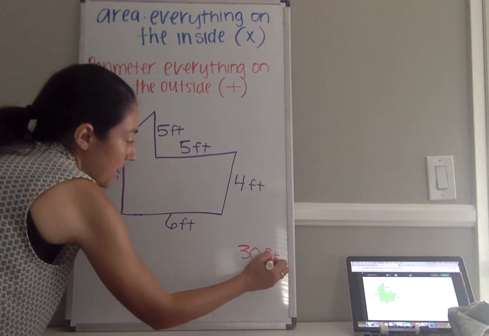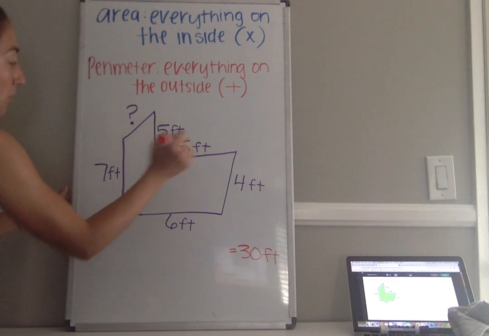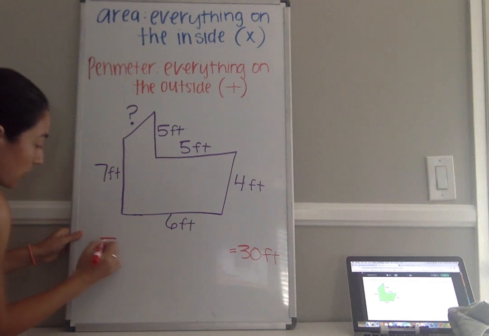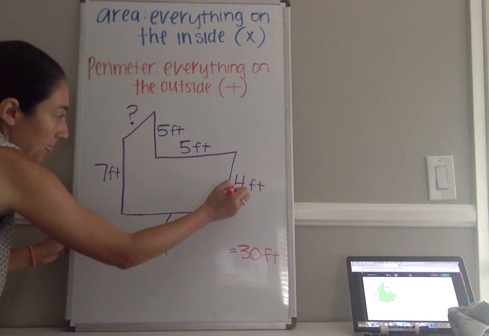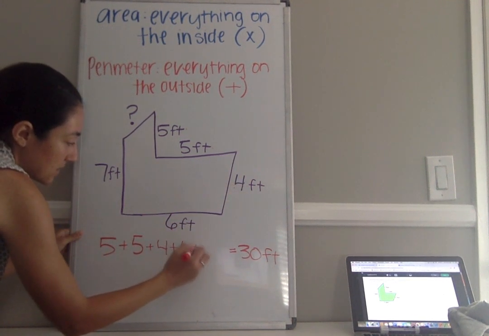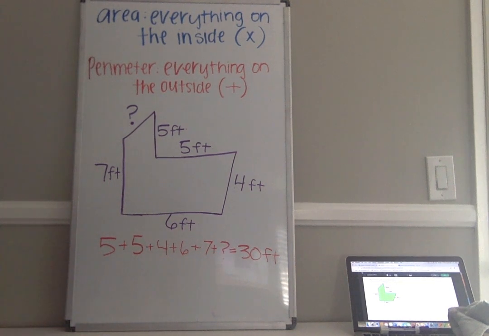So the way I'm going to find my answer is I need to add all sides together to figure out what this is. We will need to subtract by 30 to find what it is. So what I'm going to do is I'm going to go in order and I'm going to put a dot next to each one so I know that I've added it. 5 plus 5 plus 4 plus 6 plus 7 and then plus my question mark because we don't know what this 6th side is yet.